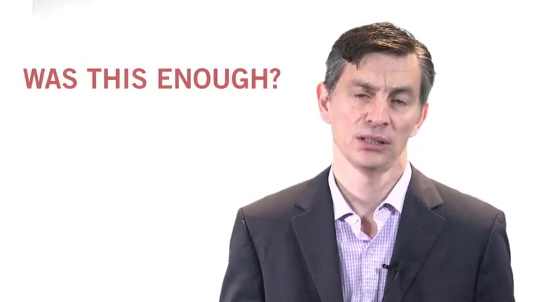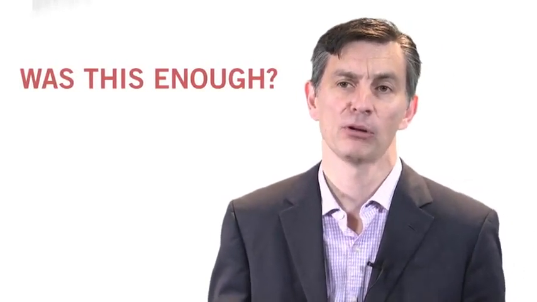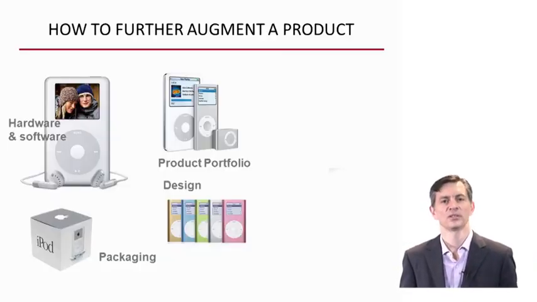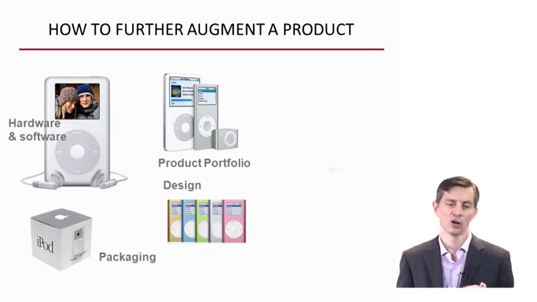Now, after you put in all these elements and you've thought about all these additional benefits that you might be delivering to your potential customers, do you think that the actual iPod became a blockbuster because of this? The answer is no. It was a successful product, but it didn't even come close to becoming a blockbuster. Companies have to work much harder than this to be able to come up with blockbuster products.